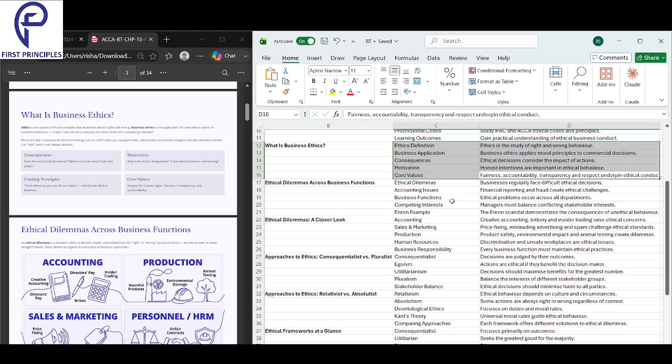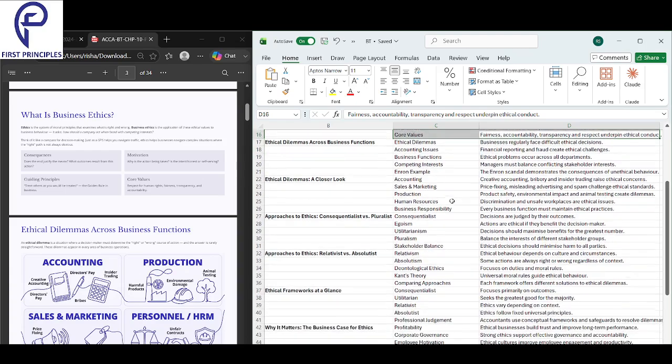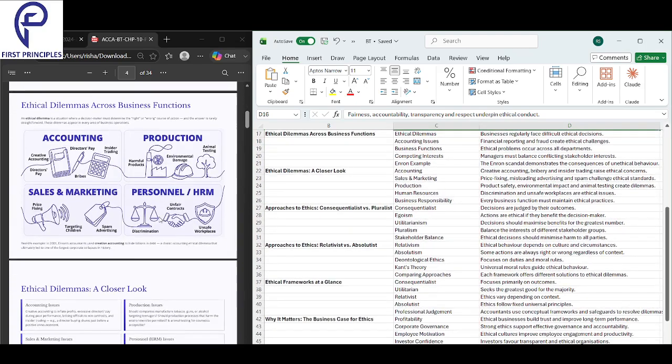So this is everything about what is business ethics: the core values, the honest intentions, the consequences, the business application, and finally the ethics definition. All these are the areas that come under business ethics.